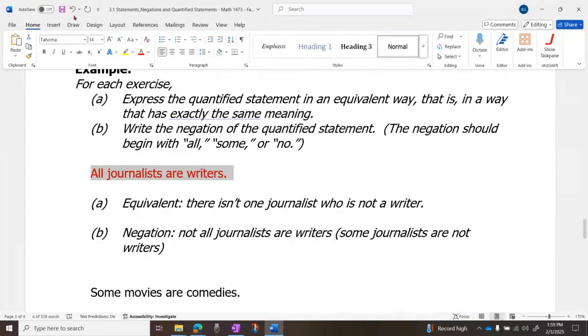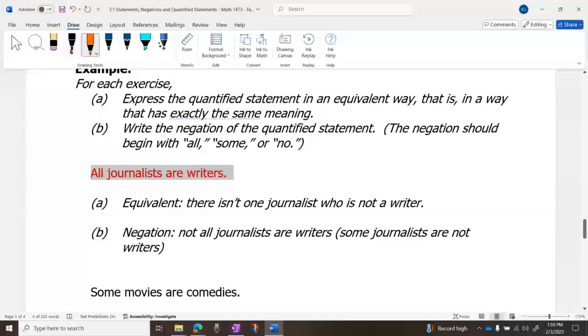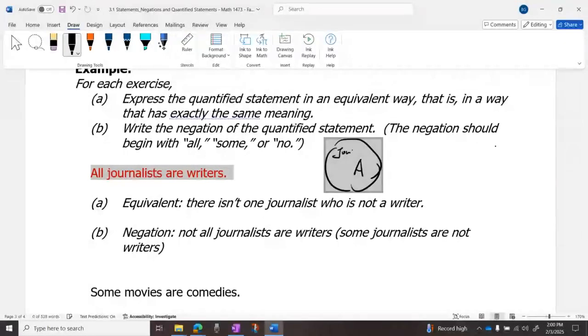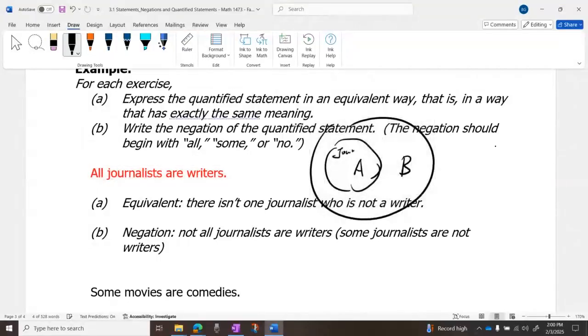If circle A represents the journalists, and circle B represents writers, this Euler diagram describes all journalists are writers, right? The circle of journalists completely falls inside the circle of writers.